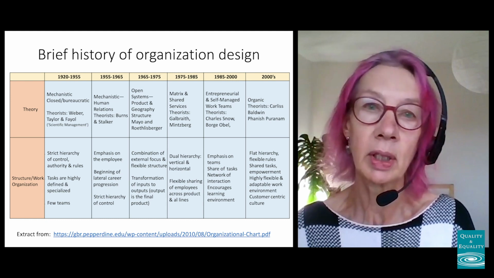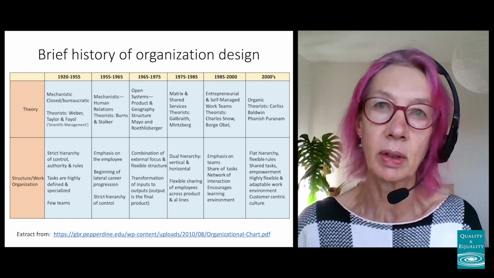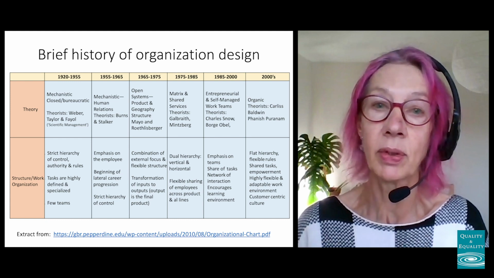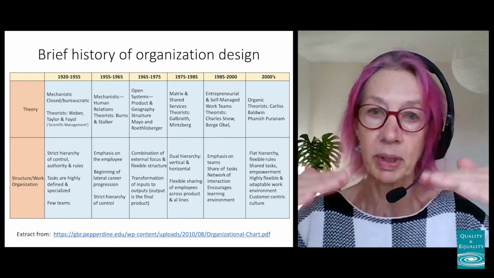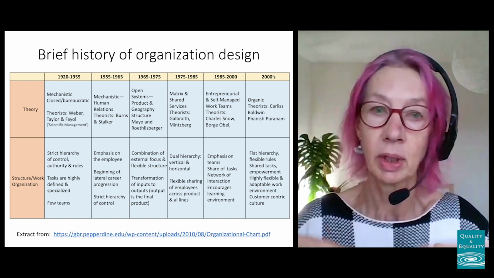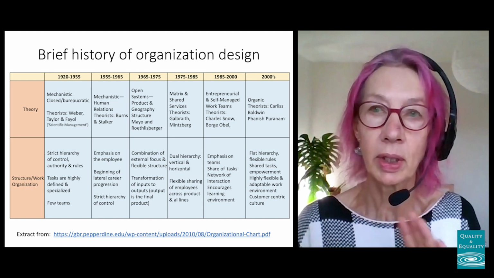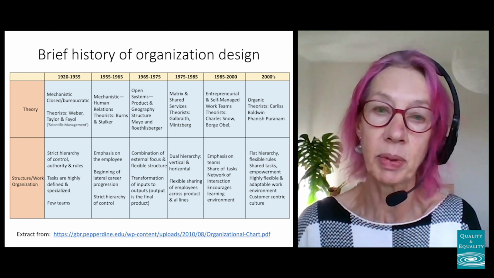And then towards the 1970s and 80s, you get the idea of much more fluid structures around the actual organization. So rather than being traditional hierarchical leader at the top, then lots of layers of staff, you get the idea of shared accountability, in fact.